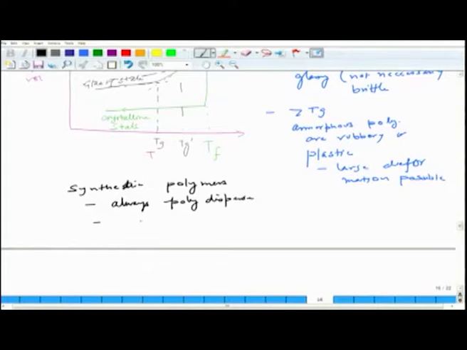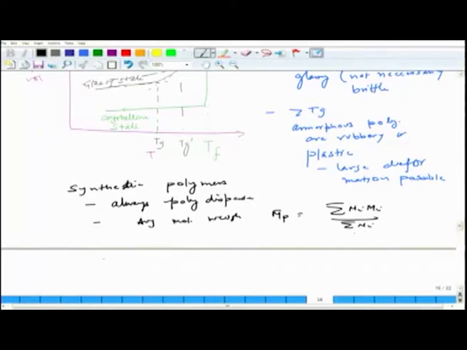By considering the average molecular weight, let us say Mn, which is going to be summation Ni Mi divided by summation Ni, where Ni is the number of molecules with molecular weight Mi.